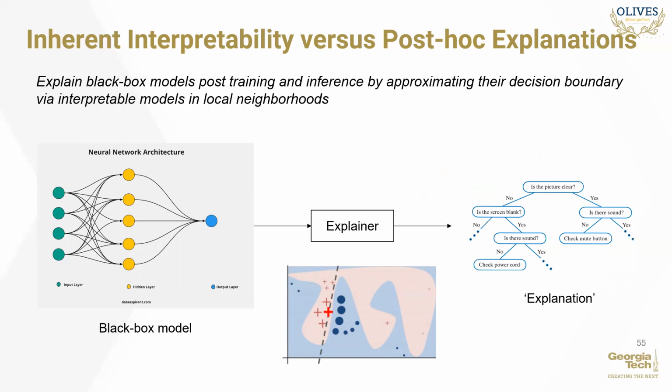It's fed into an explainer algorithm, which is able to locally approximate the behavior of the black box model in the neighborhood of some data point of interest using an interpretable model. And then by looking at this localized behavior of the interpretable model, one is able to understand what the black box model is doing in the proximity of the data point of interest.